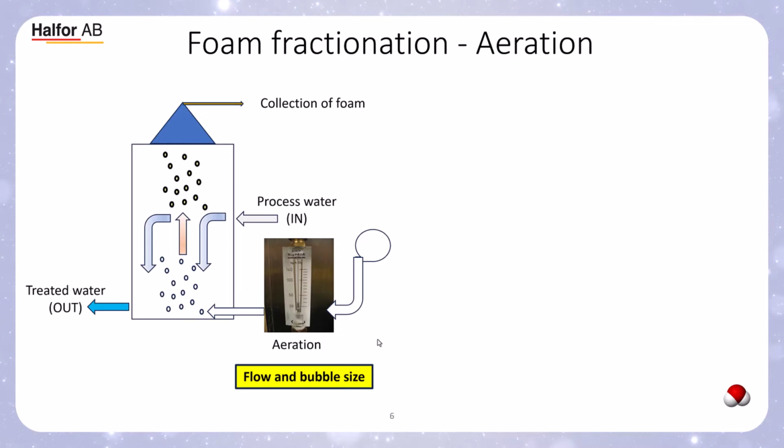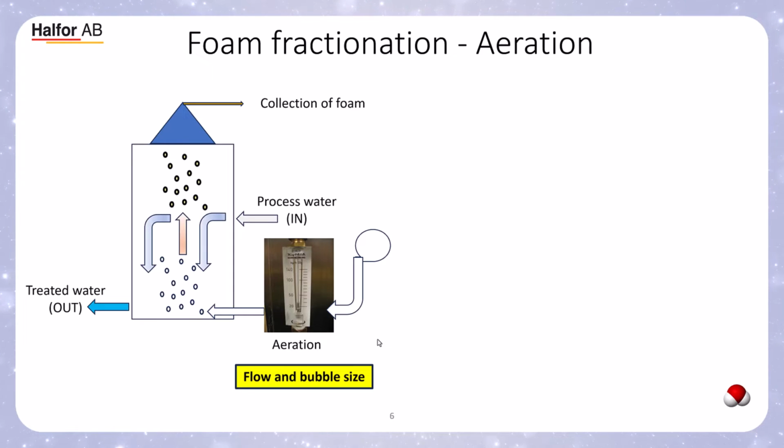Also the bubble size is important. The bigger the bubble, the less surface for the hydrophobic part of the PFAS substances to stick to. A smaller bubble size gives a much larger surface area for the PFAS to adhere to, thus removing more PFAS.